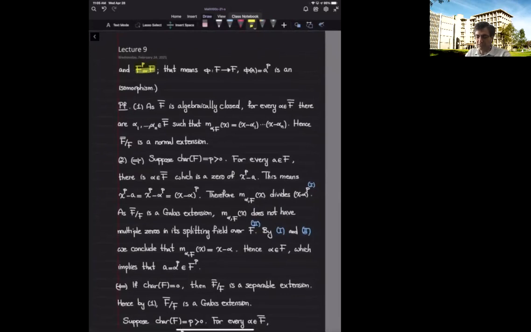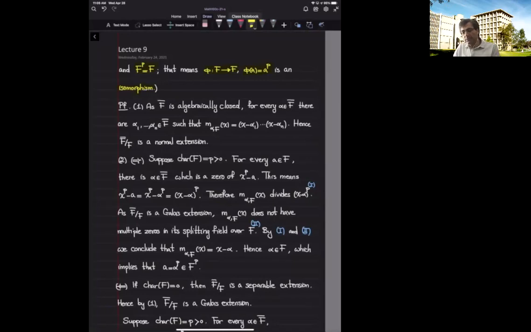Alternatively, sometimes we write that F to the power P is F. The precise way of saying it is to say that the Frobenius map from the field F to itself, which sends a to a to the power P, is an isomorphism. So if we have these properties, we say the field capital F is a perfect field.